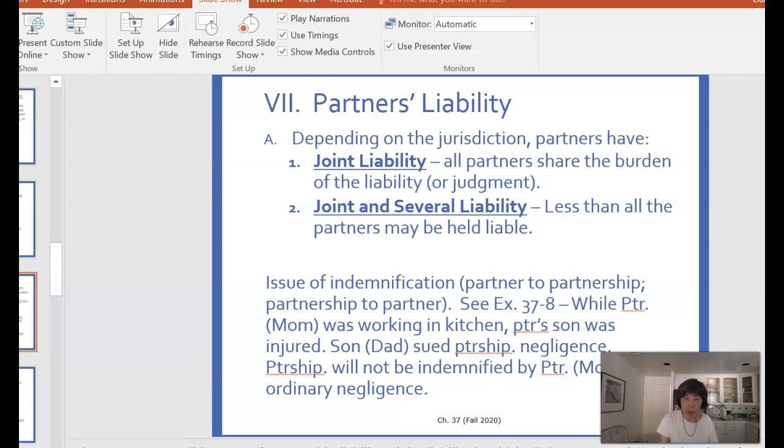They wanted a reimbursement from their individual partner for the loss that took place. That's the idea of indemnification. And if the court had found that the partner mom had done something wrong or something out of the ordinary course of partnership business, perhaps then the partnership could have obtained indemnification.